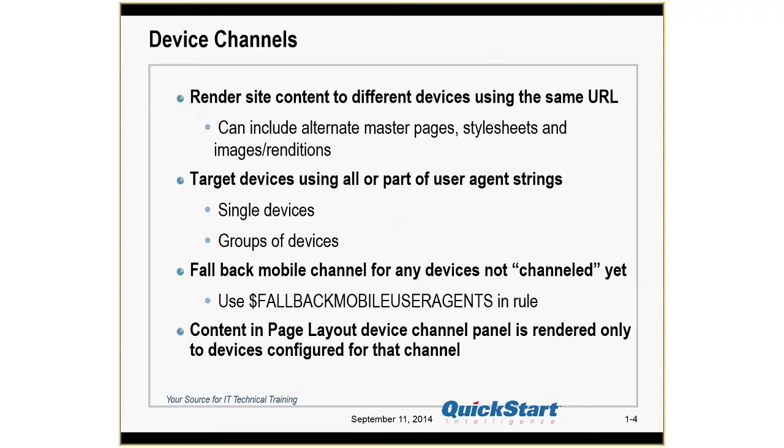So the master page controls the overall branding, if you will. We also have style sheets that we can apply different style sheets based on the different devices. We'll get to how that's done in just a moment. You can also choose different images or renditions of those images that are provided to the client.